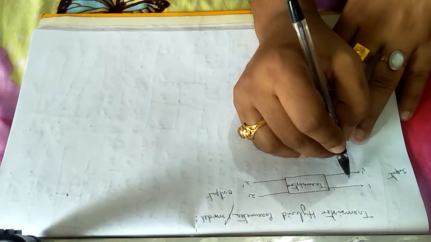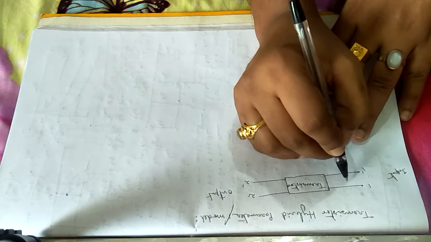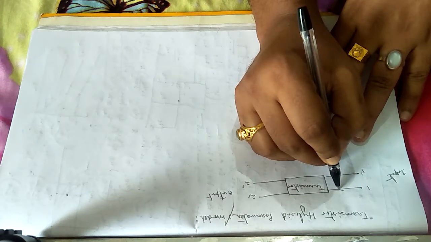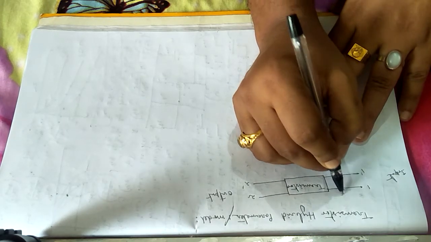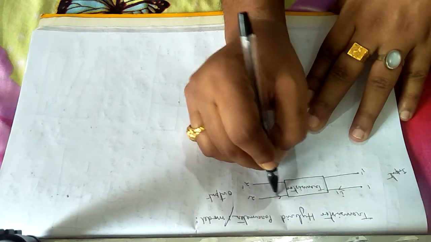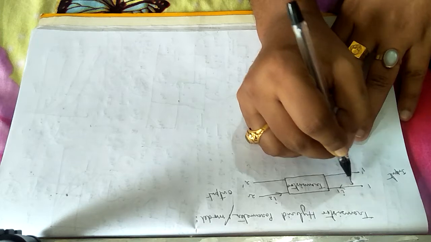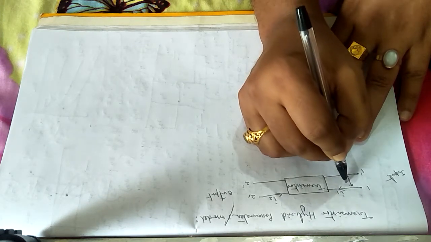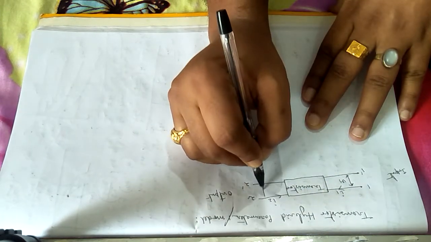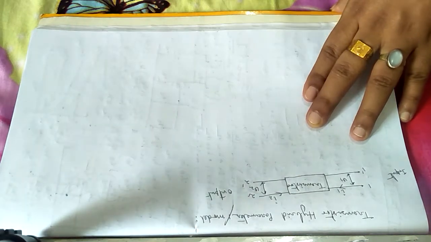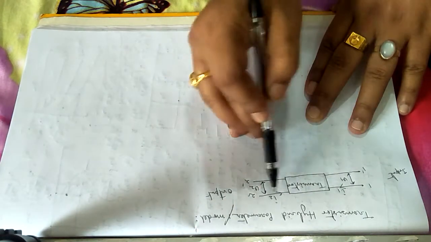In the input terminals, if 1 prime is grounded and you are applying some voltage, suppose the input current is I1 and the output current is I2. Then the input voltage, measured between the two input terminals, is V1, and the output voltage, measured between the two output terminals, is V2. So this is the very simplest version of a transistor.